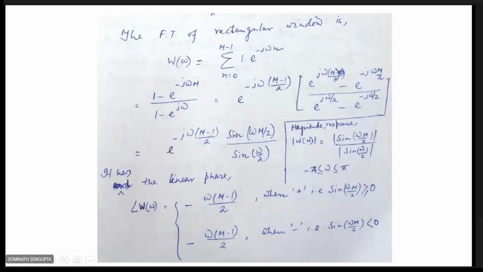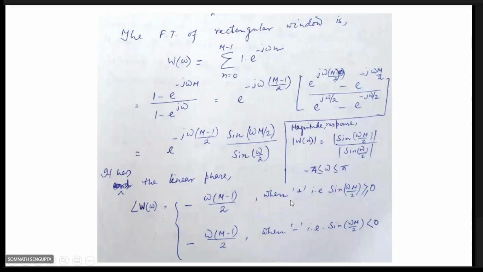Finally we get e to the power minus j omega (M minus 1) by 2, into sin(omega M by 2) divided by sin(omega by 2). This has both magnitude and phase. The phase part is e to the power minus j omega (M minus 1) by 2, and the magnitude part is sin(omega M by 2) over sin(omega by 2).